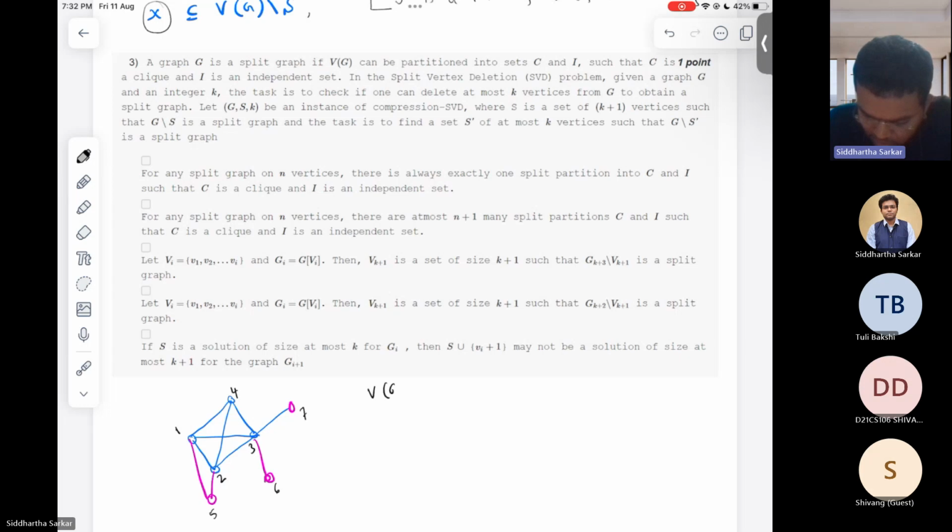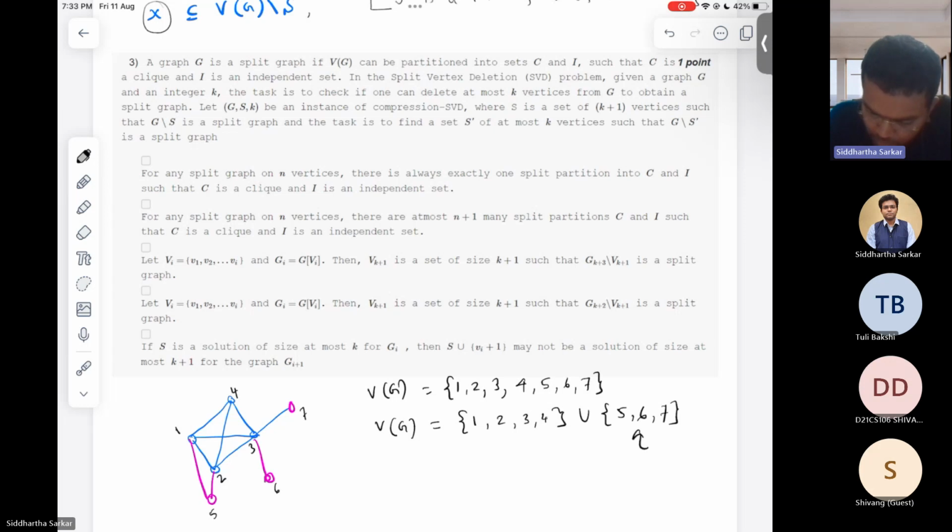So the vertex set of this graph is these 7 vertices, and it is possible to partition this vertex set into two parts. There are two partitions, 1, 2, 3, 4, and 5, 6, 7. So 5, 6, 7 is an independent set, and 1, 2, 3, 4 is a clique of size 4. So if it is possible to do so for a graph, then such a graph is called a split graph.